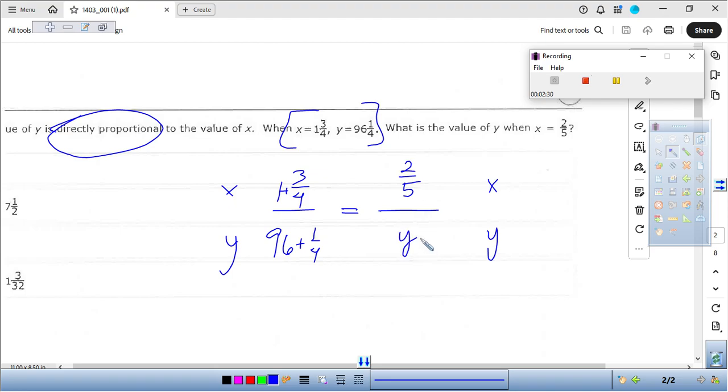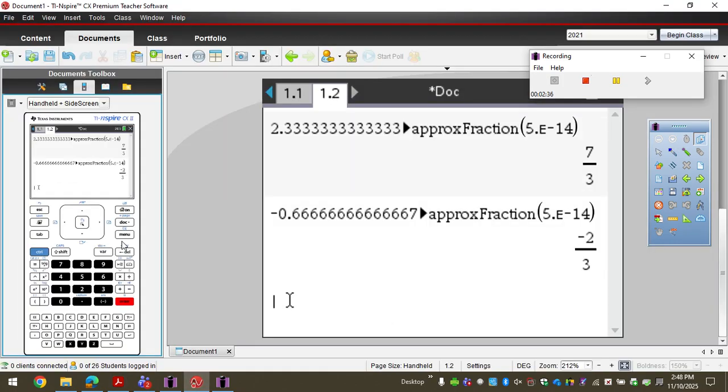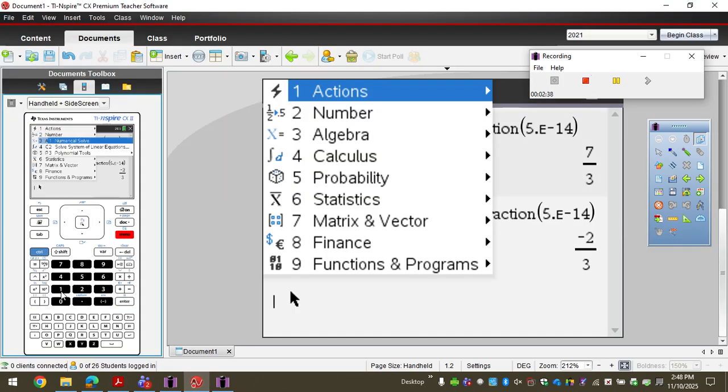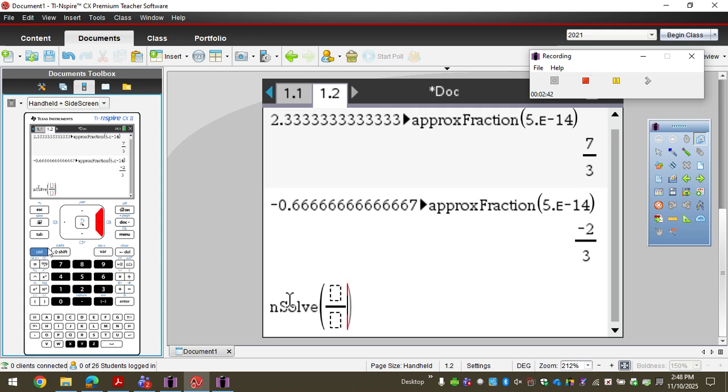On the calculator, okay. The calculator is going to be very fun, very interesting, but you can do it. I'm going to go here to menu, 3, 1. And I like to add the fraction stuff first. And start putting numbers.